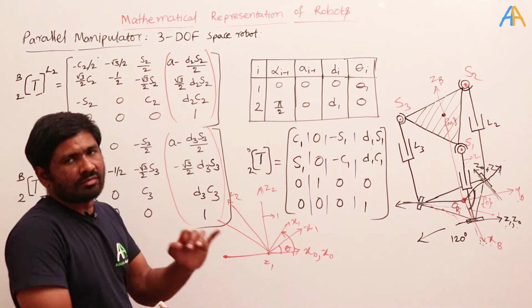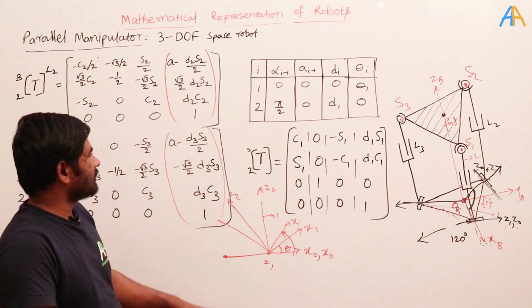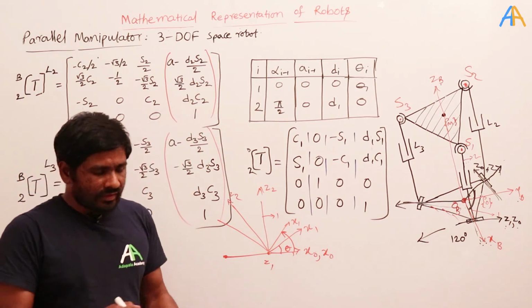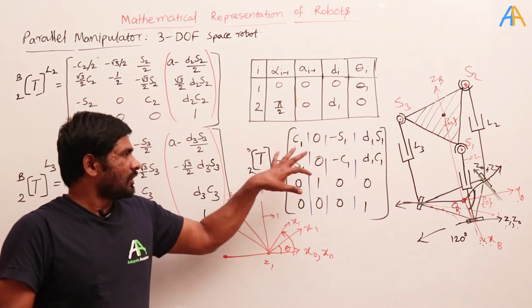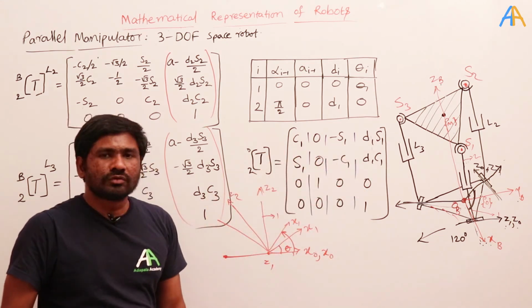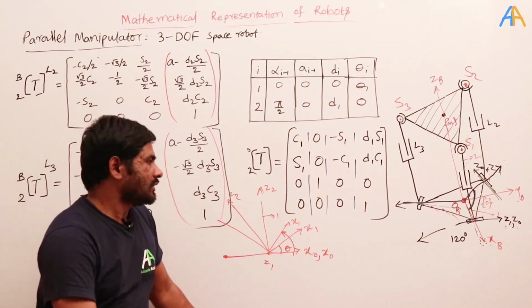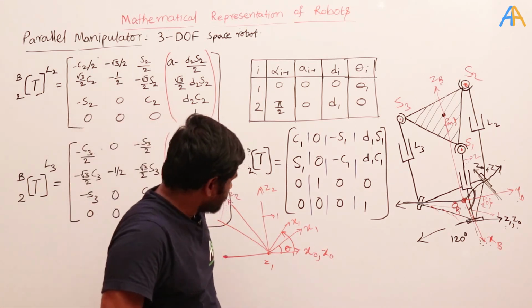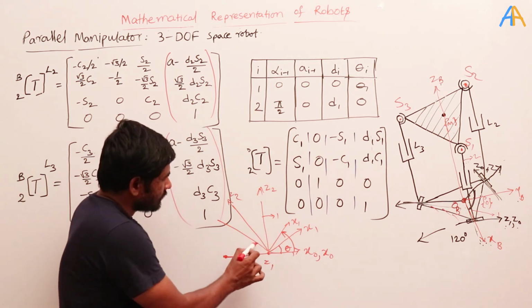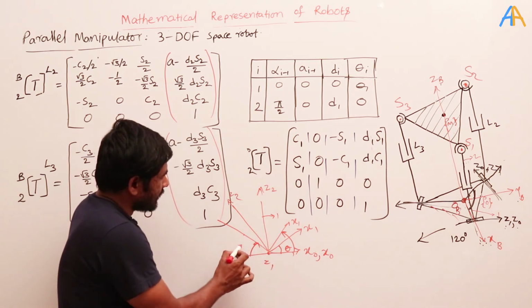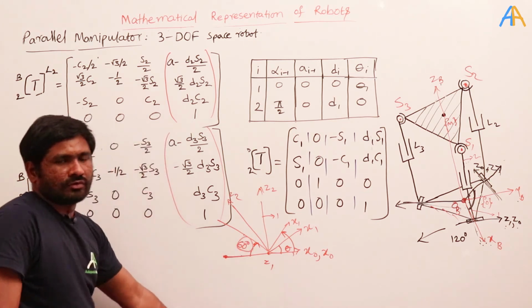In some of the examples, we derived everything in the symbolic format. In the examination, if they ask you to find the symbolic format, and at the end they ask you to substitute the values, in that case, instead of giving the angle from the outside, if the angle is given between the link and the base, something like 60 degrees, then you should be very much aware how much you need to substitute.